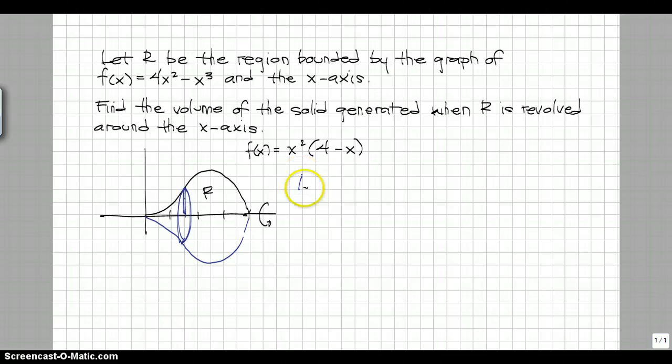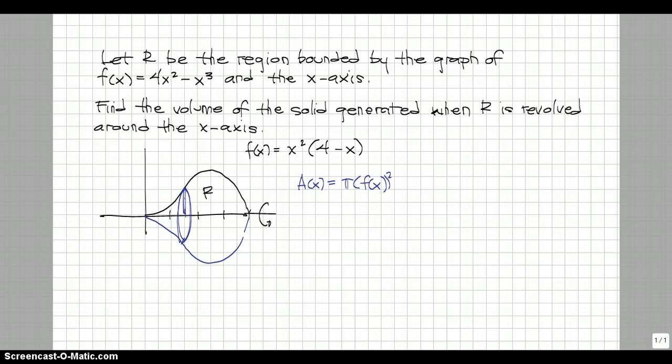The formula for area with respect to x is going to be the area formula for a circle, only our radius here is going to be f of x. So I have A of x is equal to pi times f of x squared.